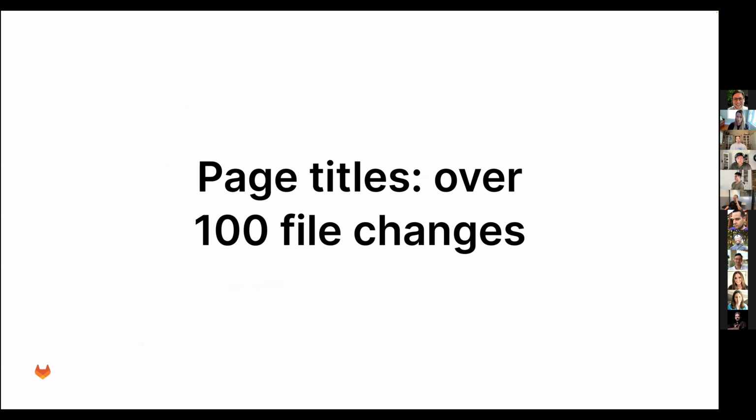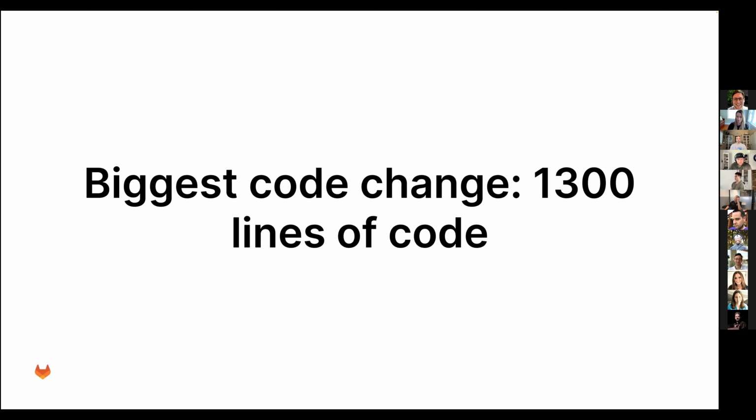And the page title one had over 100 file changes. So that was quite a huge change. But the biggest code change with over 1,300 lines of code was the addition around the label selection. So there's a lot going on there to make that a reality.